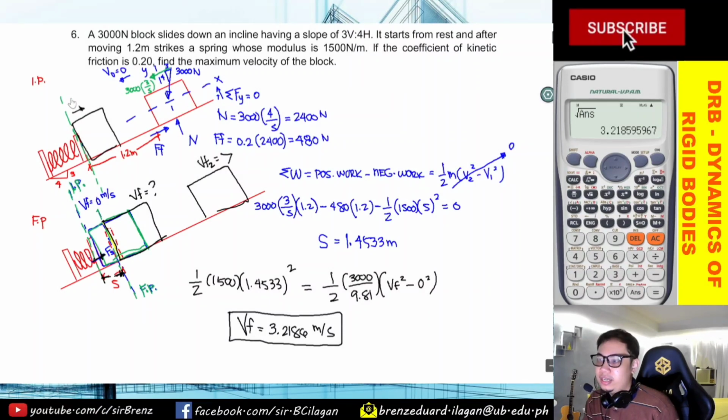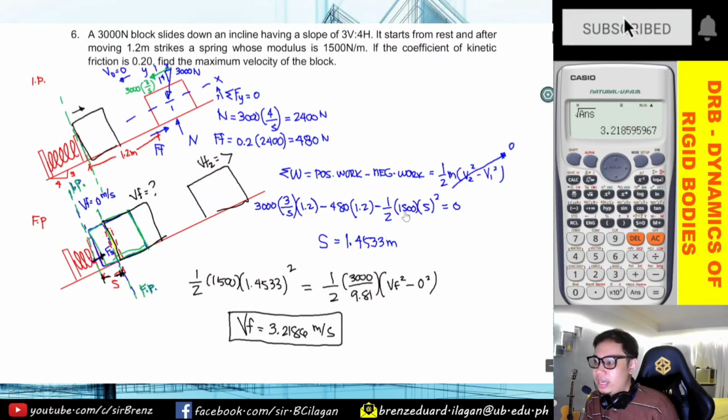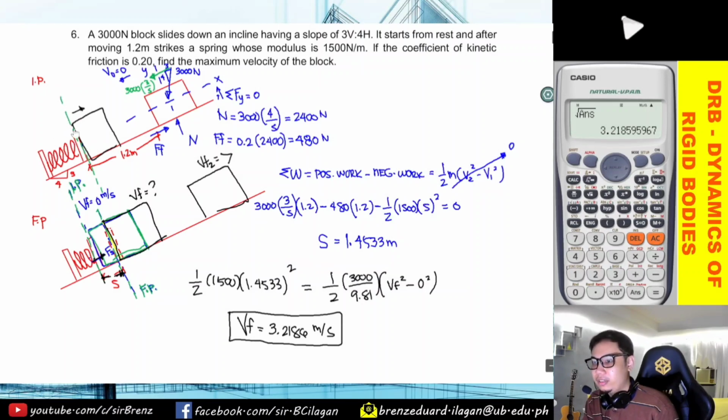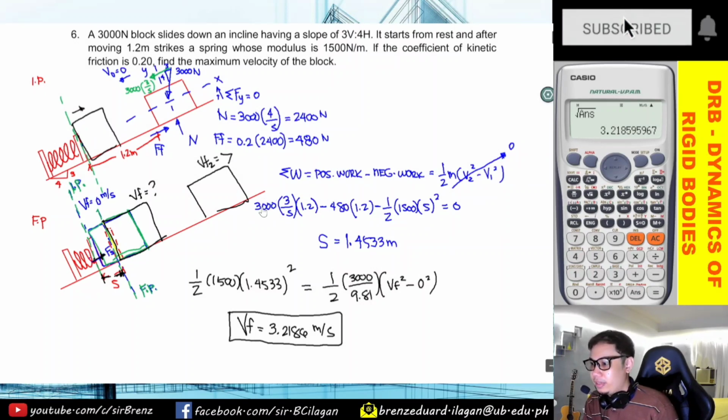Pwede kasing ang mangyari, baka nandito yung maximum velocity niya. Okay? So, mangyayari lang dito sa part na to ng equation na to, hindi natin isasama yung sa spring, kasi walang work na nag-conduct sa spring, kasi ito lang yung ina-analyze natin. So, ang gagawin ko, habang nakakopya kayo, ito lang yung consider natin, di ba?